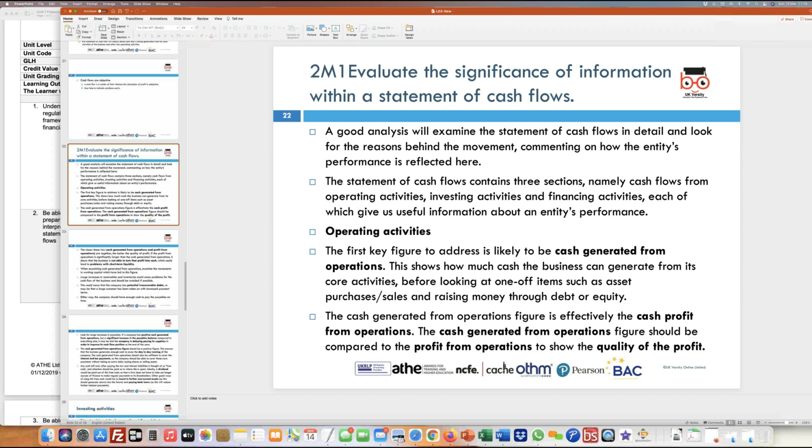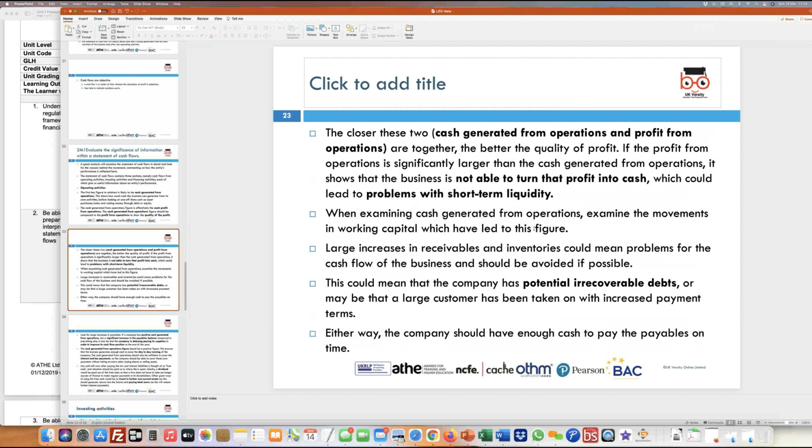But when I look at profit from the operation, the input costs required to sell the product, and the manufacturing costs for services which the company utilizes to produce that final product and then sell it to the consumer, would give the net profit generated from the sale of those goods and services. So when we compare these 2 together, cash generated from operations and profit from operations, they tell us the quality of profit.